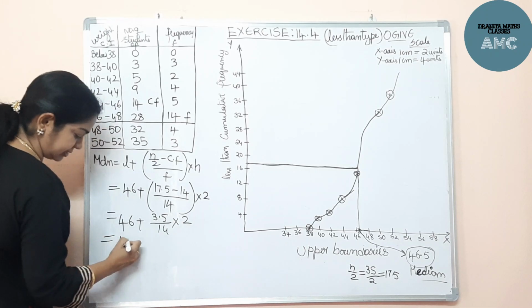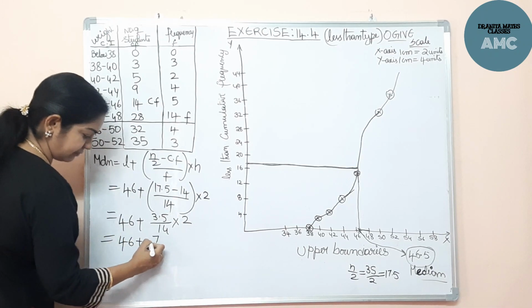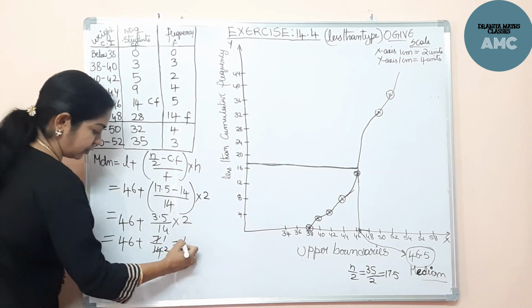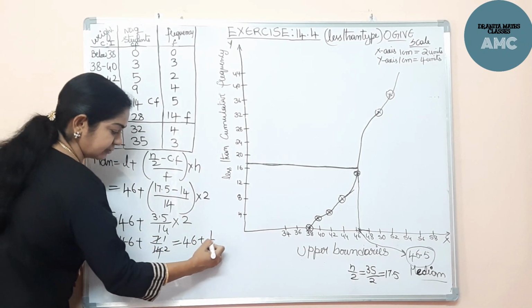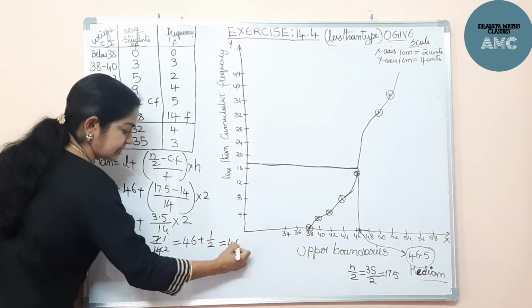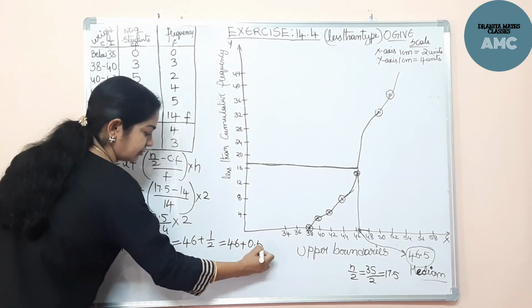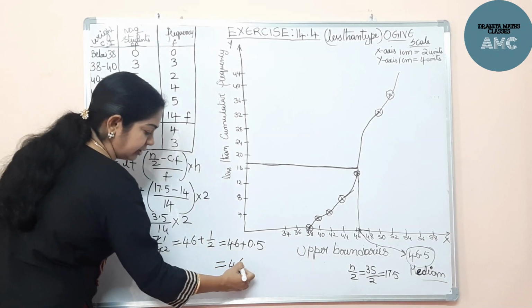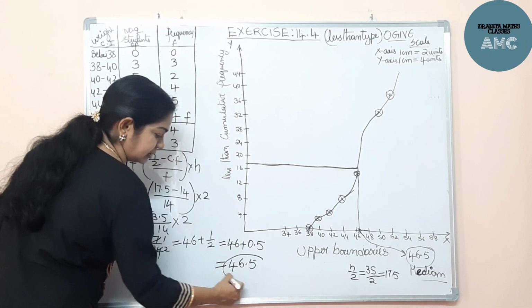So 46 plus 7 by 14, which is 46 plus half, that is 46 plus 0.5, which is 46.5. This is the median.